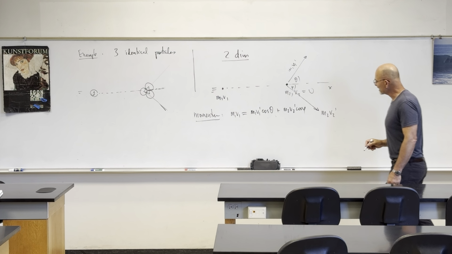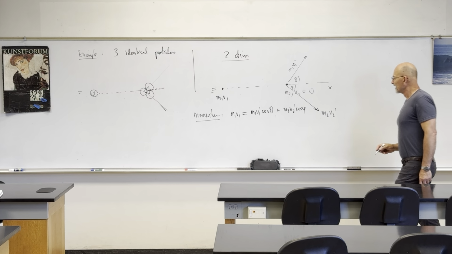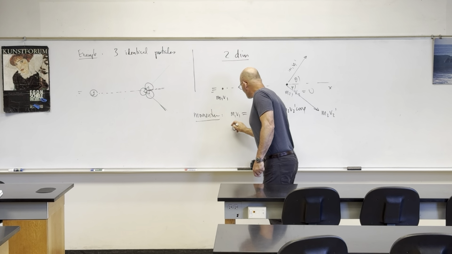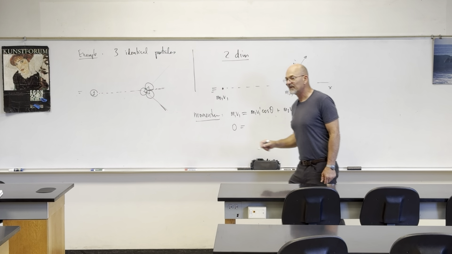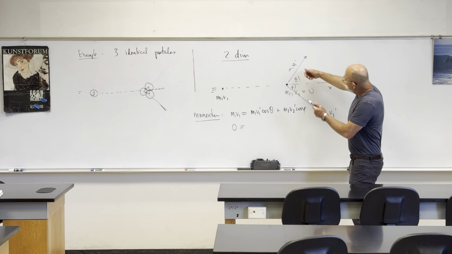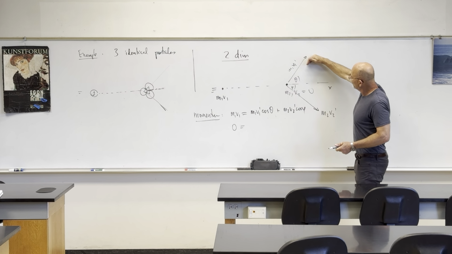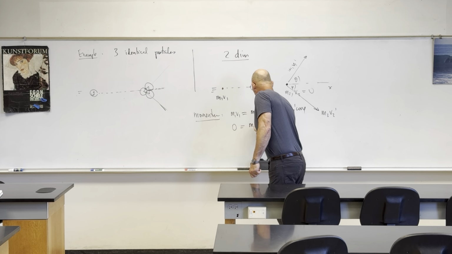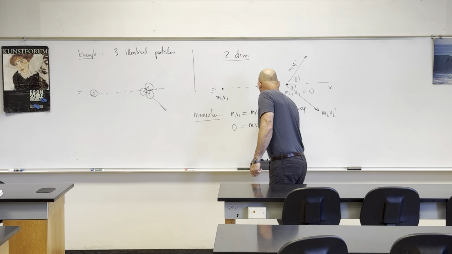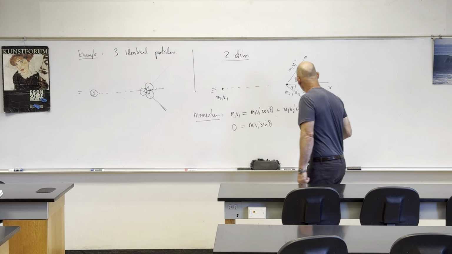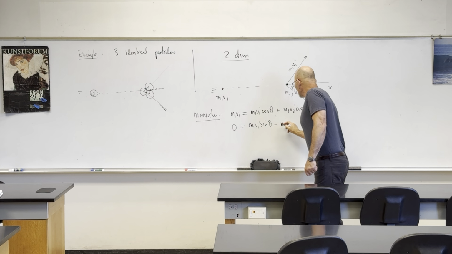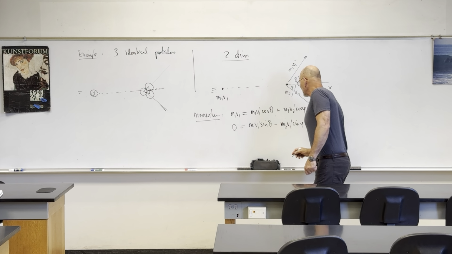So here we're going to carefully select our equations. In the y direction, we had 0 momentum before the collision. So as these things scatter up and down, their y components are going to be M1, V1 prime sine theta, and because of the way I'm labeling it, I'll put the minus sign here, minus M2, V2 prime sine phi.